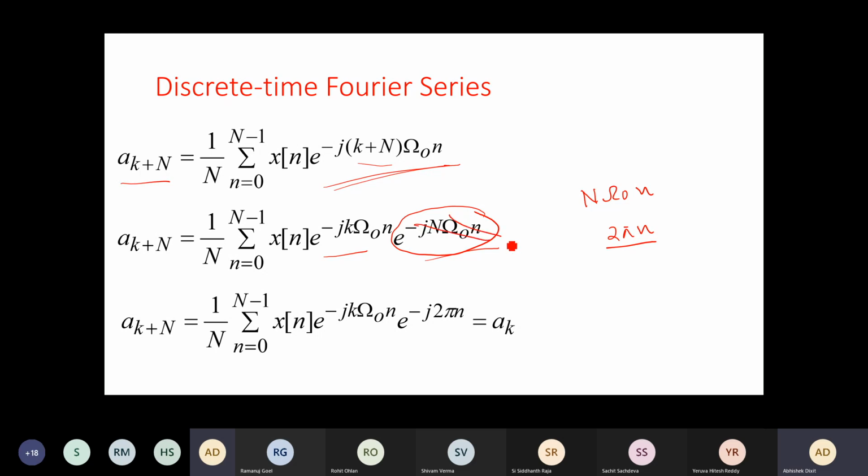So this can be ignored, and we simply get AK. So AK plus N is the same as AK. What am I saying? If my signal Xn or Hn is periodic with capital N, then the coefficients are also periodic with capital N. That's good.